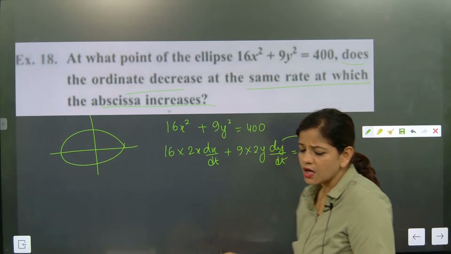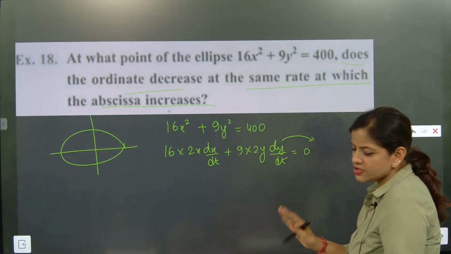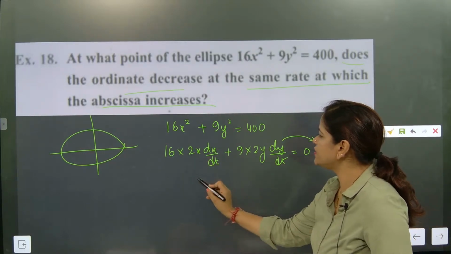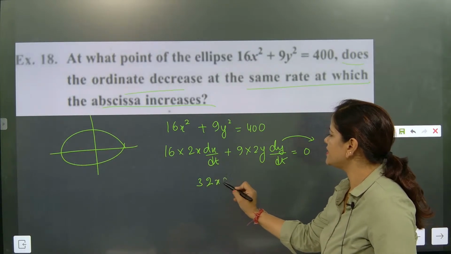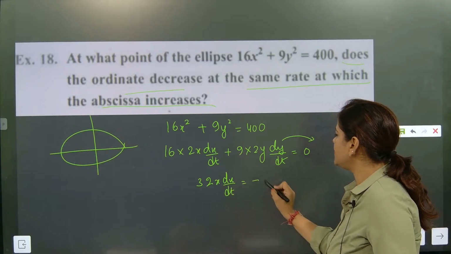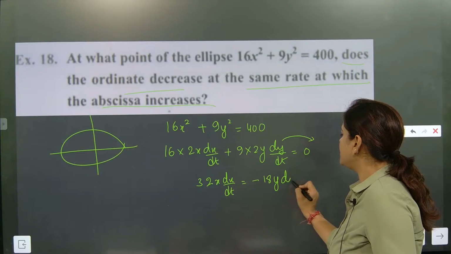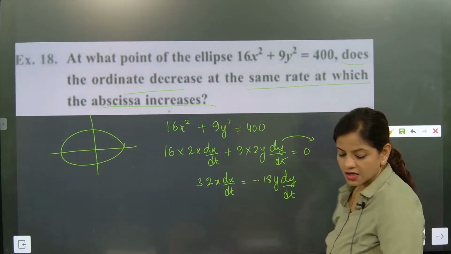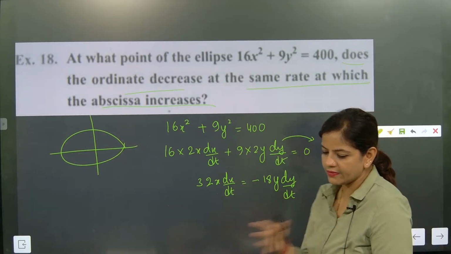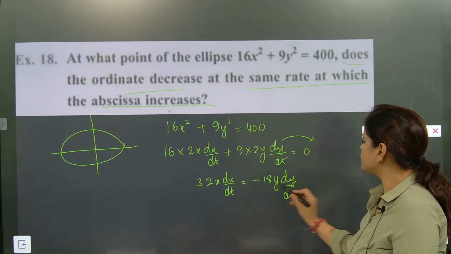First, we are not doing anything, we are just solving it as a basic section. So 16 into 2, 32x dx by dt equals minus 9 into 2, 18y dy by dt. Can I write like this? Did I commit any crime? No.